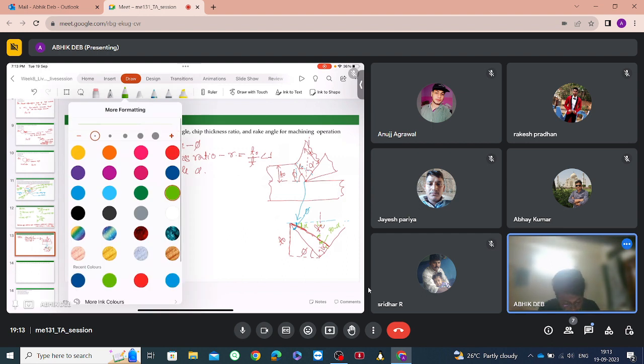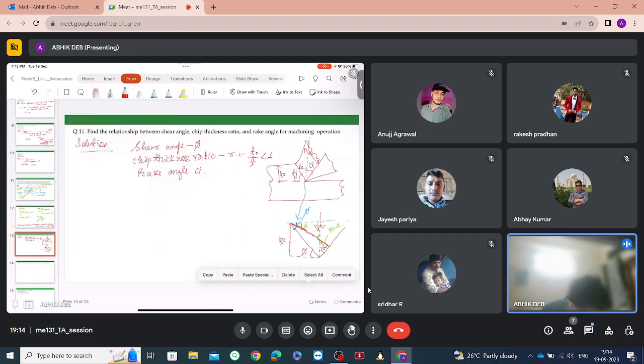Hence, this angle will be phi minus alpha. Okay. So have you understood how we get this value phi minus alpha, this angle?